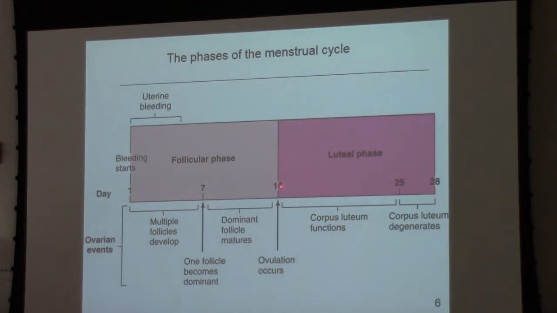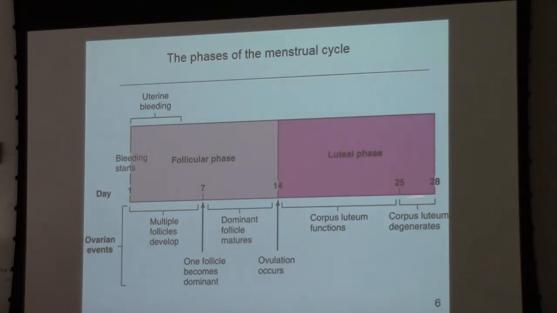At the moment of ovulation, the female reproductive cycle transitions from the follicular phase to what's called the luteal phase. And what you'll see is that the part of the follicle that is not ovulated becomes the corpus luteum. And the corpus luteum is an essential part of the endocrinology of the female reproductive system, especially if there's a pregnancy.